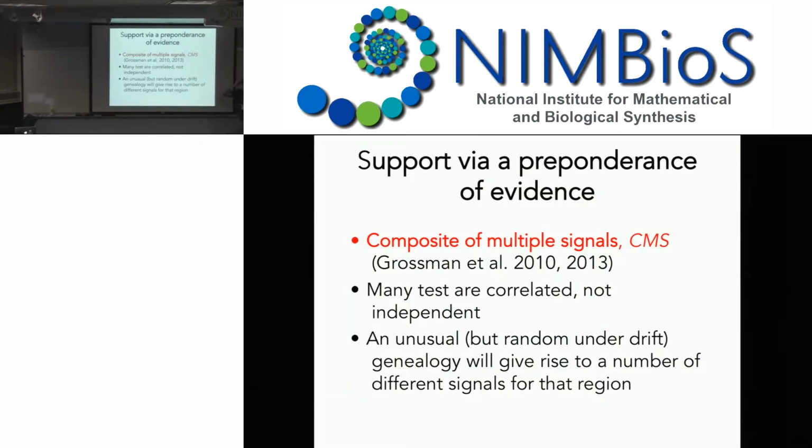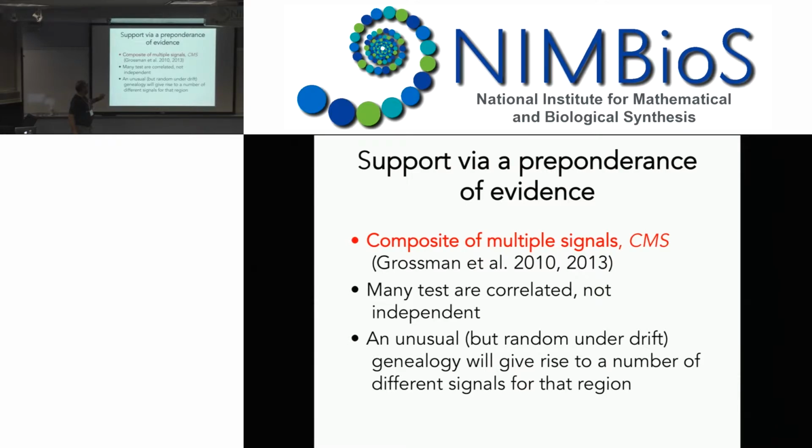So, support via preponderance of evidence; I'll skip over most of these. The idea is that I do multiple tests and see if those multiple tests give concordant signals. One approach, the CMS, composite of multiple signals, basically looked at several different tests and used those to refine location.